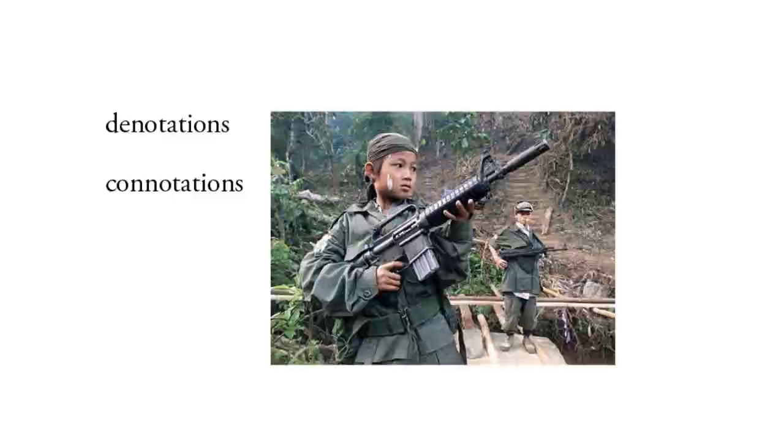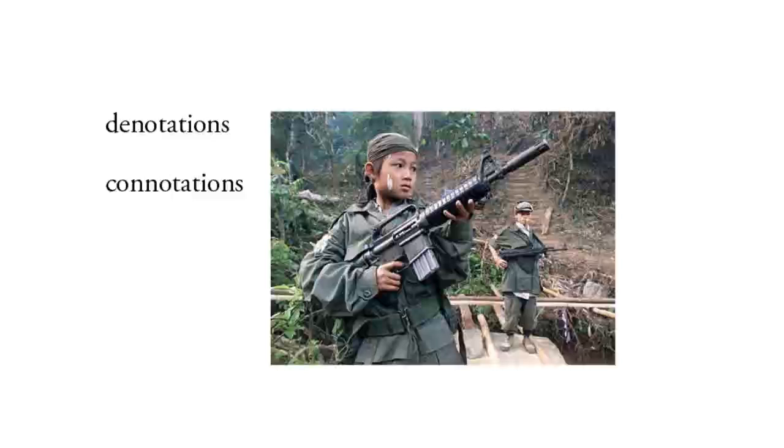So when looking at this image, the denotation is that it's a child soldier, he's in the jungle, and he's holding a machine gun. Now the connotations are the secondary things that we bring to it. They're the personal associations that we have. So we think of things like maybe he's forced into being a soldier.